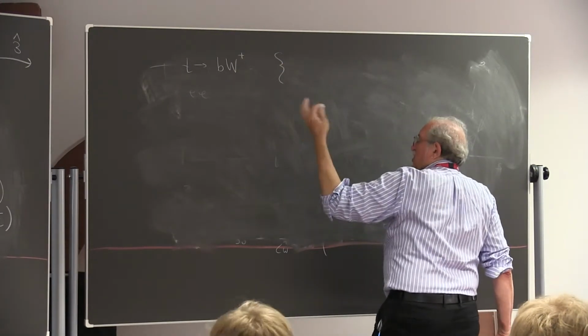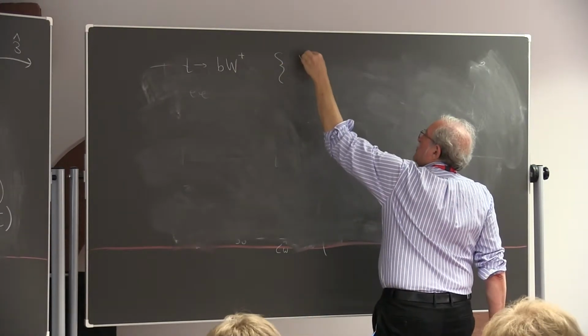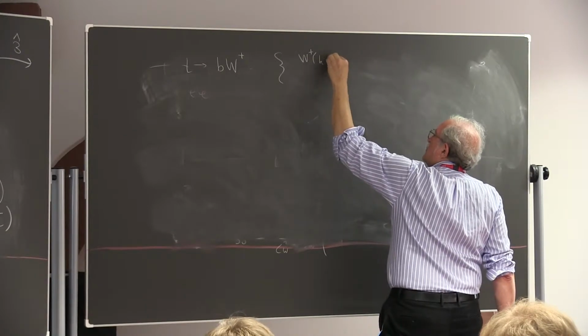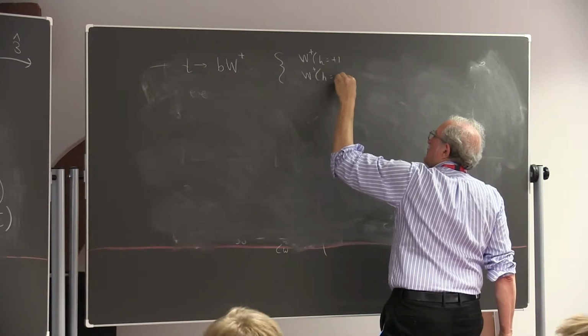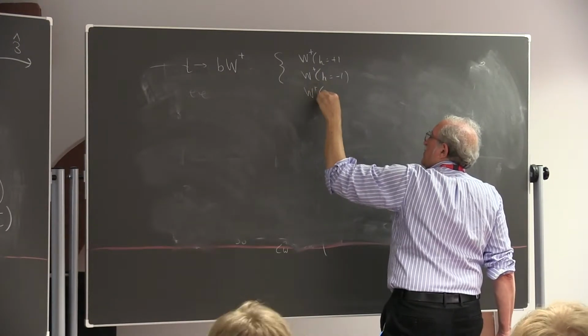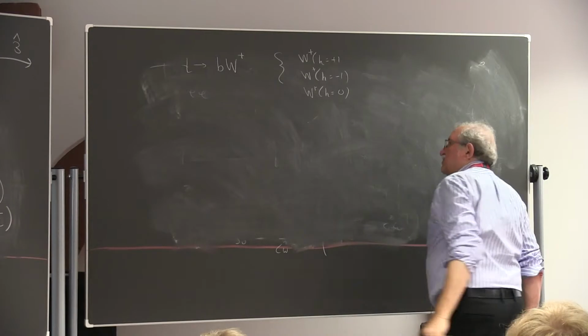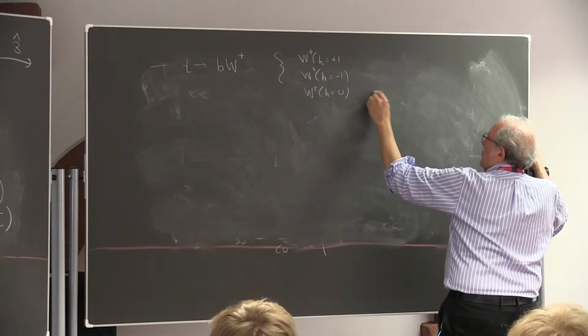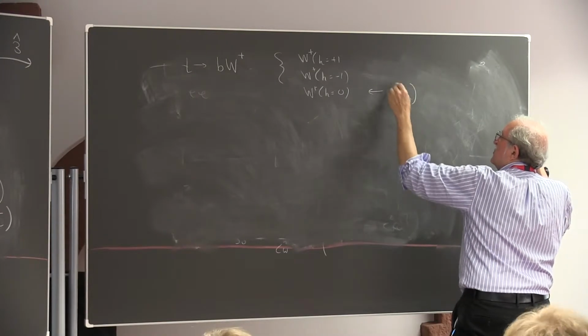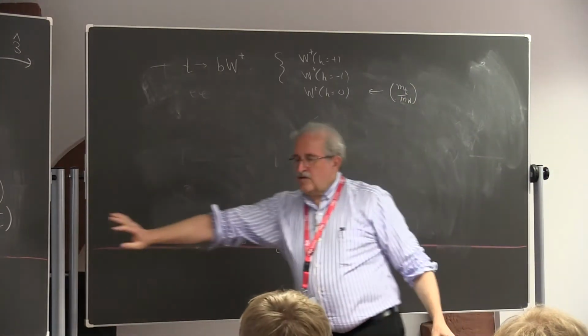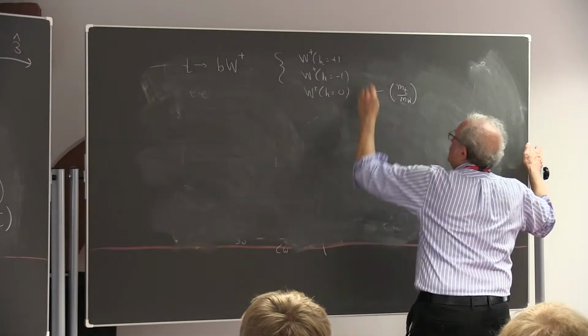There should basically be 3 modes of decay: to a W of helicity equals +1, to a W of helicity equals -1, and a W of helicity equals 0. This mode should have MT over MW enhancements in the amplitude, if this picture is right. The other two should be normal.